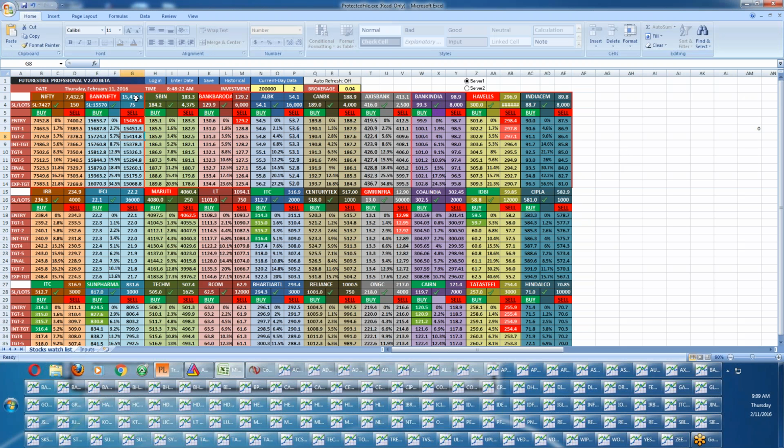So we have Nifty, Bank Nifty. These are some of the scripts that I have typed. Let me change this India Cements to ONGC because we have it in news. You just type it, you'll get the prices.